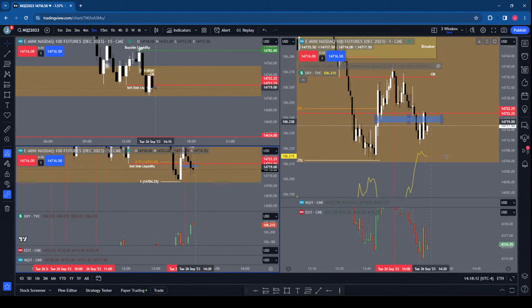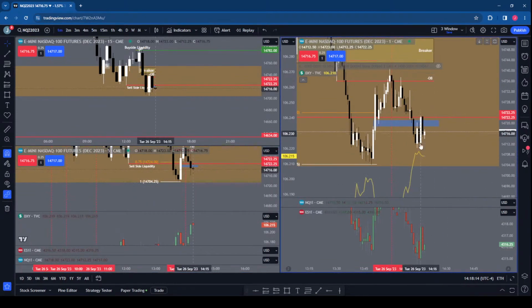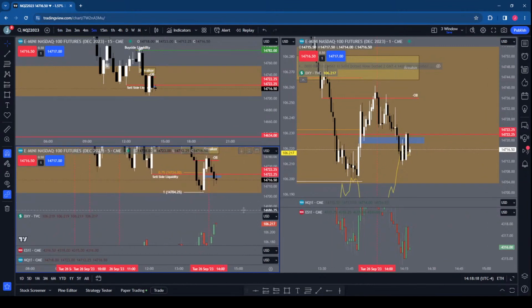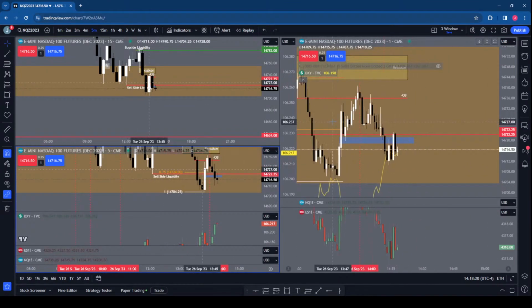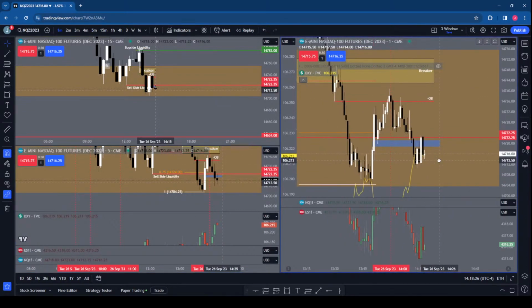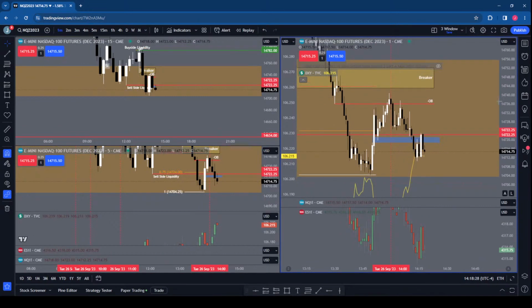Seems like a lot of the runs I've been in haven't been super smooth, which I'm getting pretty bothered about. But we will wait. We will be more patient for better runs.